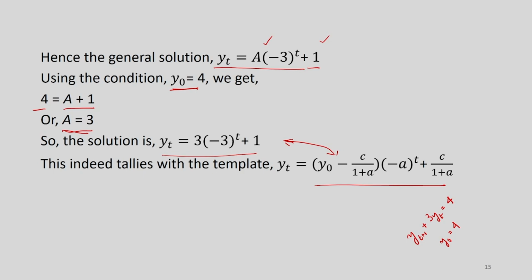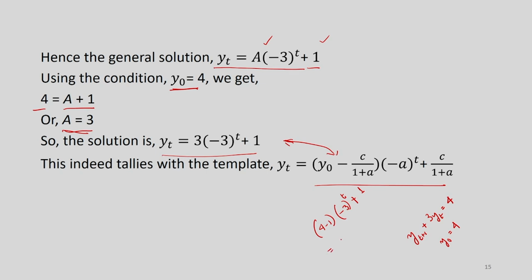So, 4 by 4 is equal to 1, and therefore, you have after that 4 minus 1 multiplied by minus a is equal to minus 3 to the power t plus c divided by 1 plus a, that we have just seen is 1, because 4 divided by 1 plus 3.